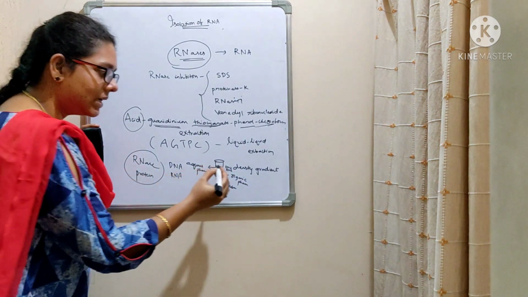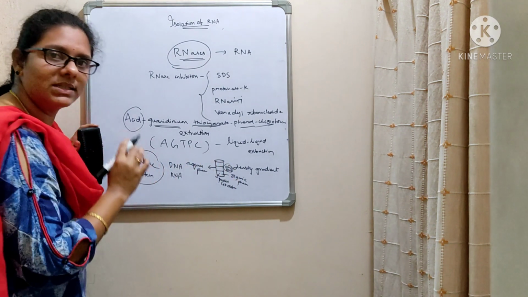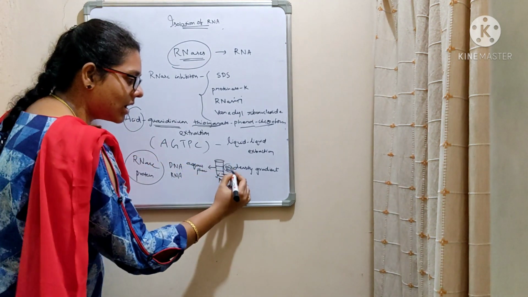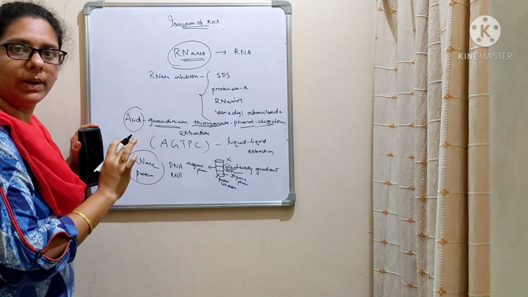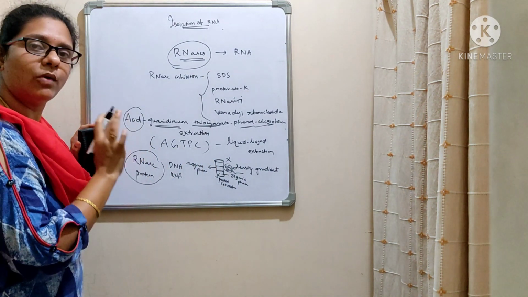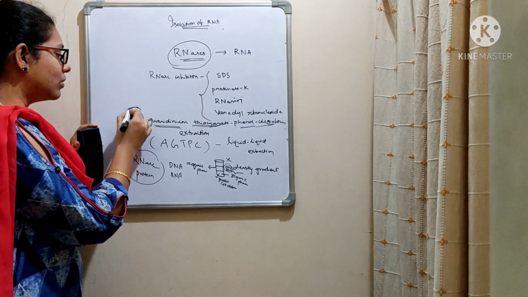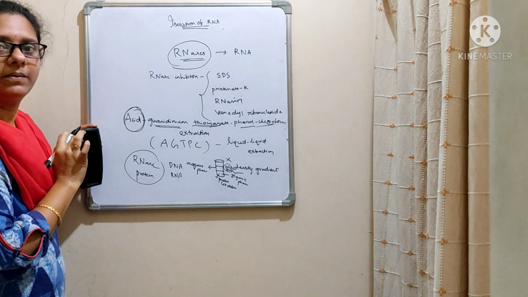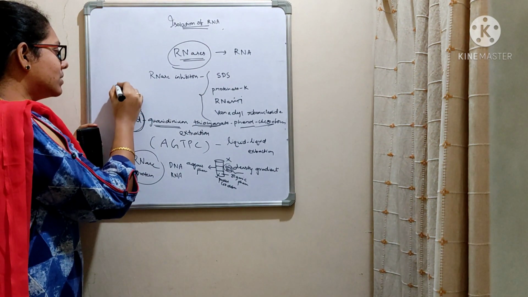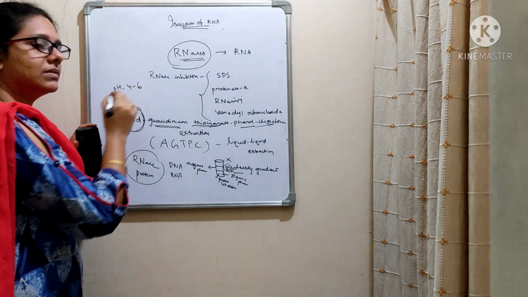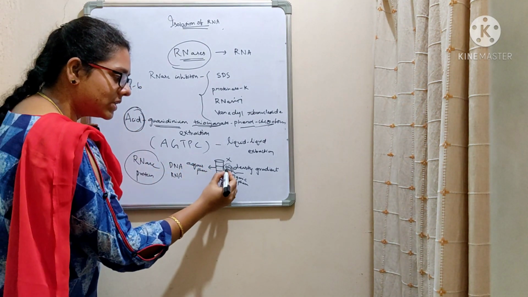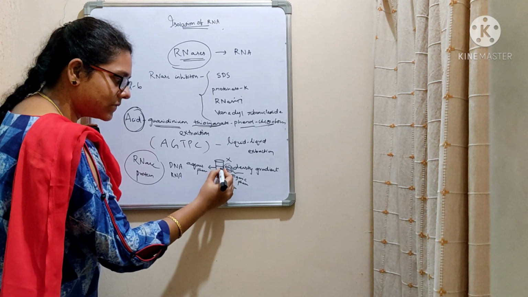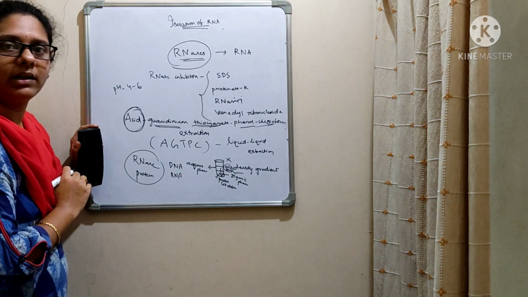But here out of these two nucleic acids, we are interested in RNA but not in DNA at this moment. So for that reason, we have to maintain acidic conditions, that is, the pH should be around 4 to 6. When you maintain acidic conditions, the DNA which is in the aqueous phase will be partitioned into the organic phase.